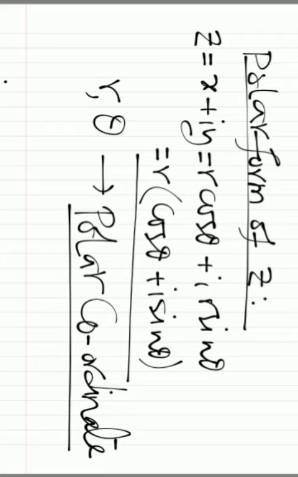Now, to convert any complex number into its polar form, what do we need? Here we can see we are using the value r, that is the modulus of the complex number, and theta, that is the argument of the complex number. So depending on that, sometimes it is also called the modulus argument form or the modulus amplitude form.